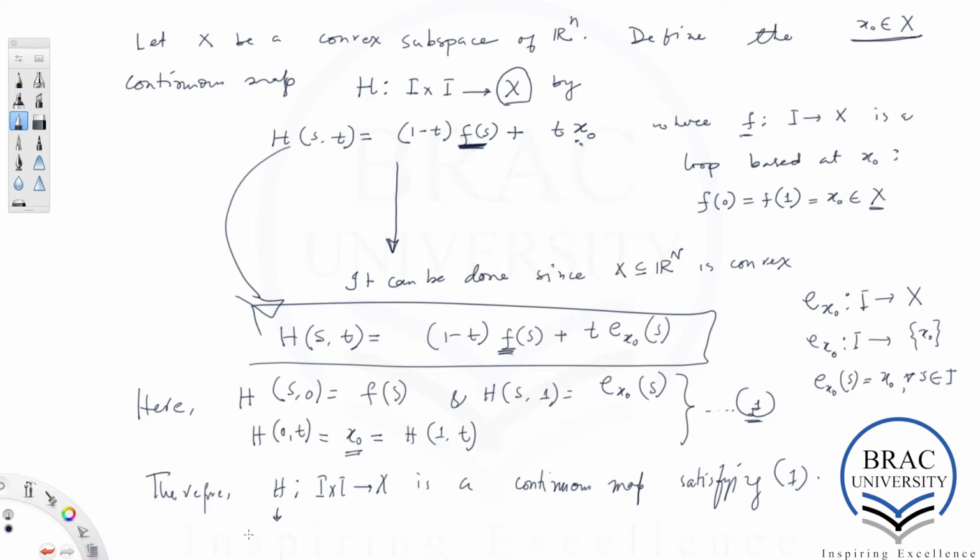This guy H is a path homotopy between the loop f based at x0 and the constant loop at x0.